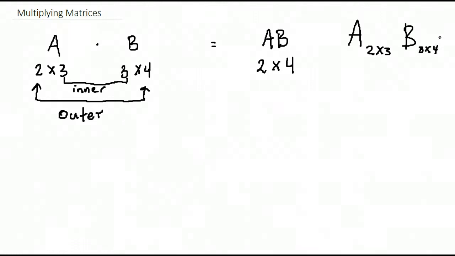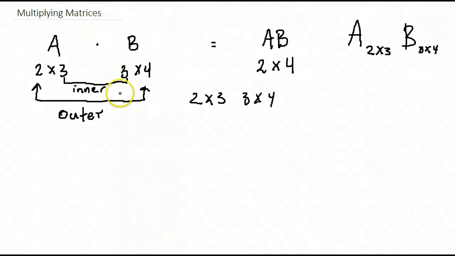And how do we know if we can multiply a matrix? So we set the matrices side by side, A times B, if that's what we're looking for. And then we set the matrix dimensions side by side. So we have 2 by 3 next to 3 by 4, just sitting next to each other.